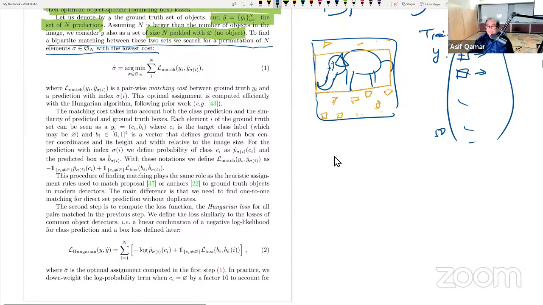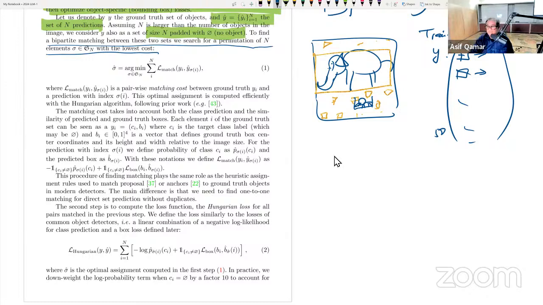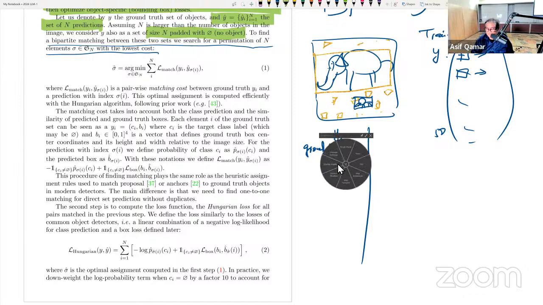There is an elephant and there is a little bird sitting here. All right. Let's take these 2 things. The ground truth can be y ground truth, can be this. Let us say that I have, okay, this.